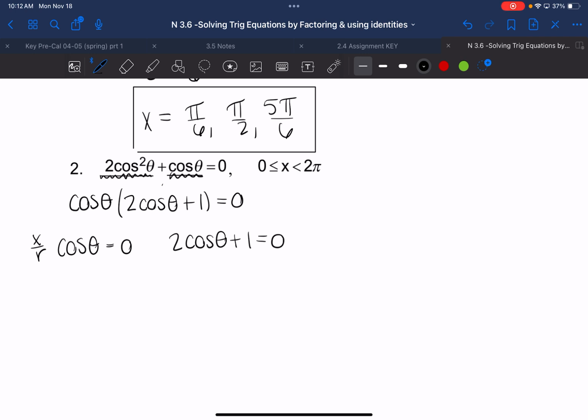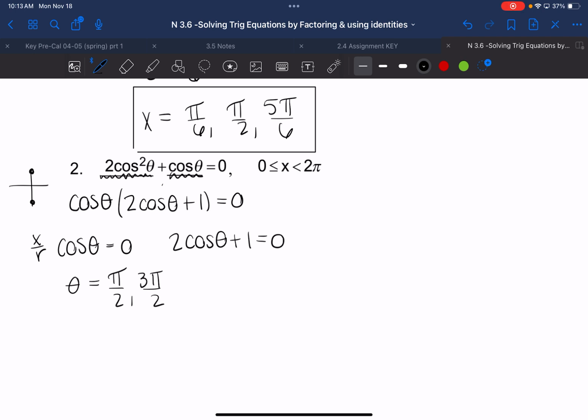So where on a coordinate plane is x 0? At the top and the bottom. Okay, so where are those 2 locations? Good. So pi halves, and 3 pi halves would be the two answers we get there.